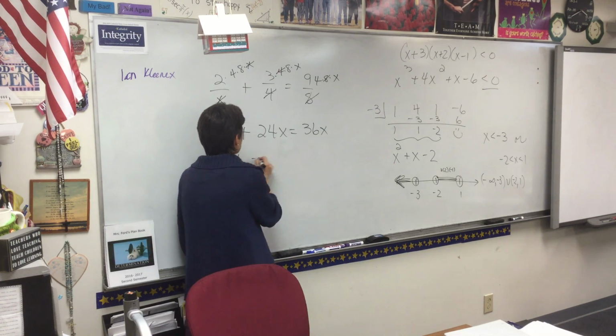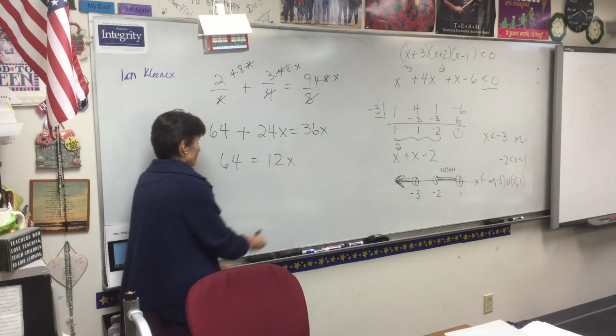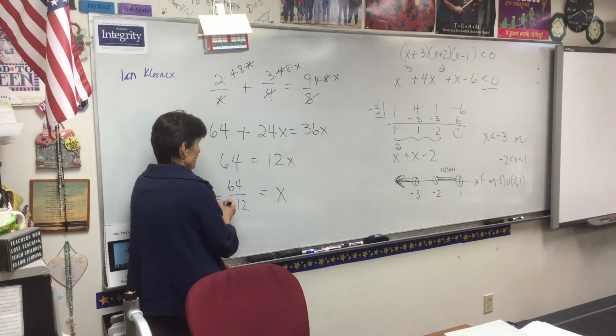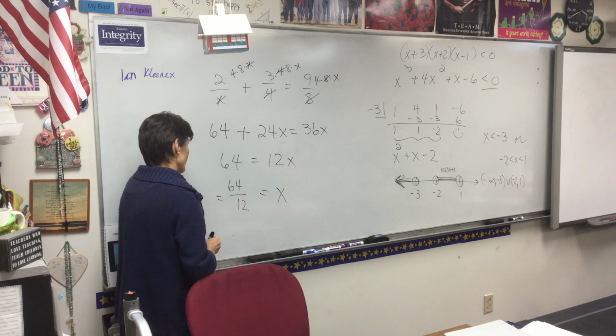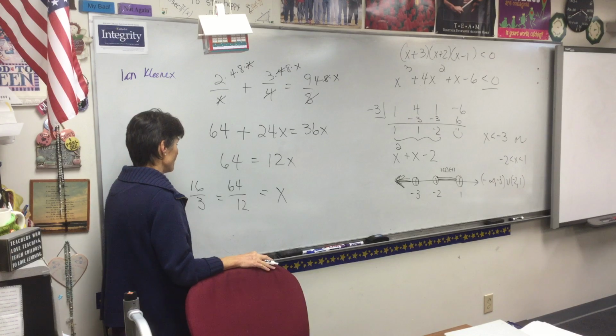So 64 equals 12x. And x is 64 twelfths, which reduces, is that 16 thirds? Yeah.